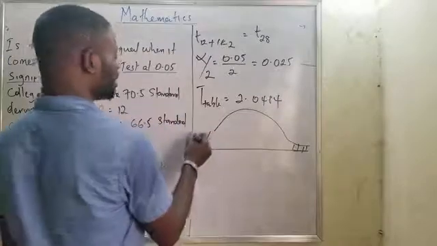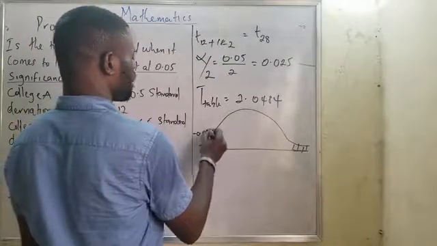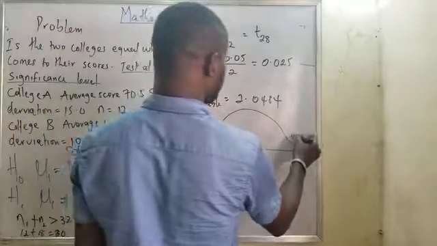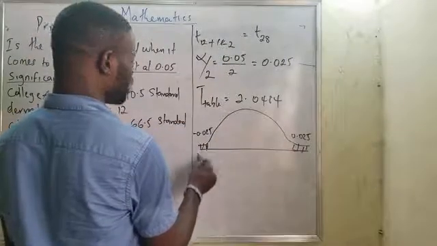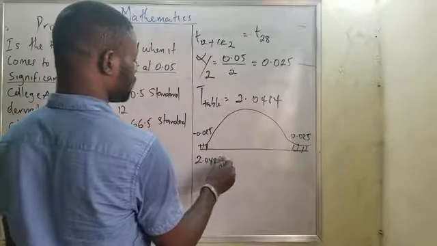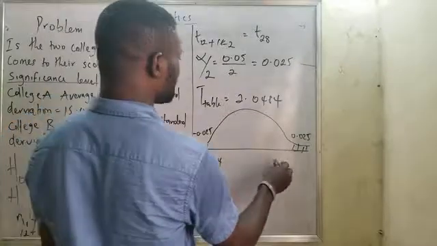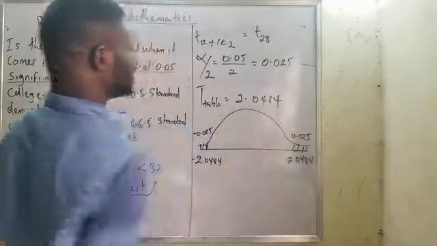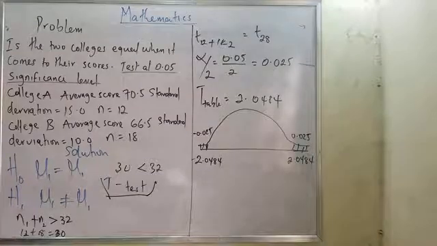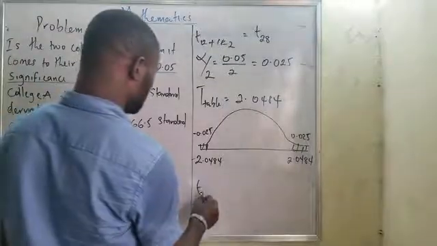Here is 0.025, and here is 0.025, with minus 2.0484 and 2.0484. That is what we'll be working on.